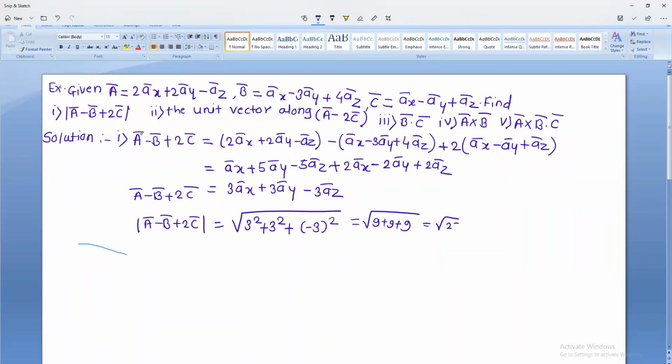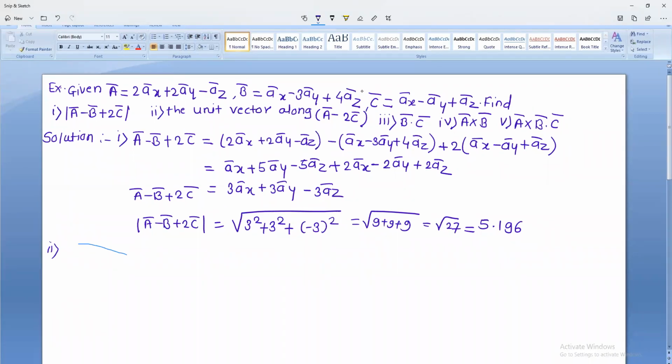So root 27, and this root 27 is equal to 5.196. Okay, so this is the magnitude. So just box the answer. Okay. Now second question.